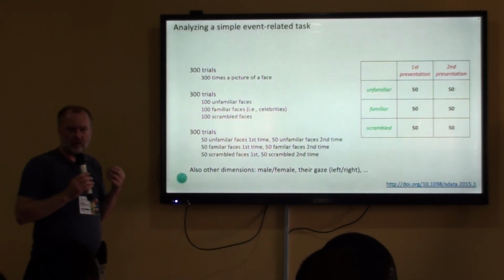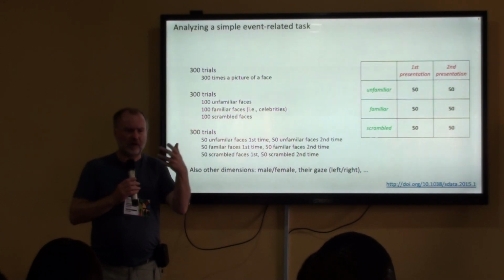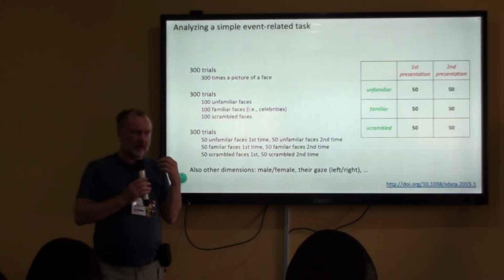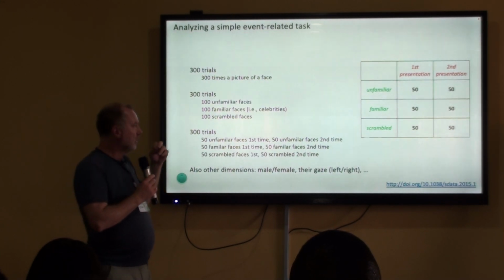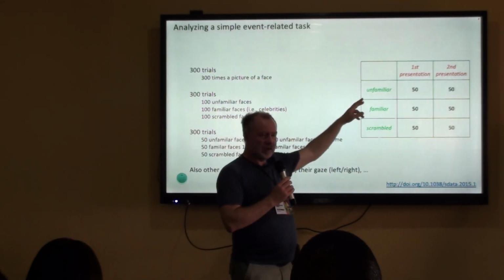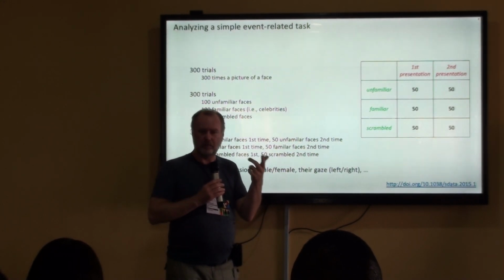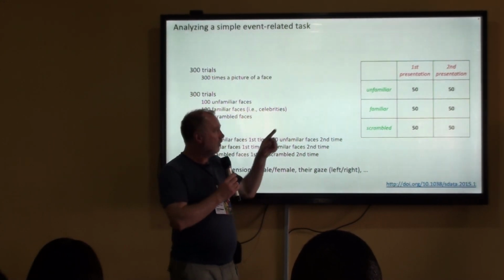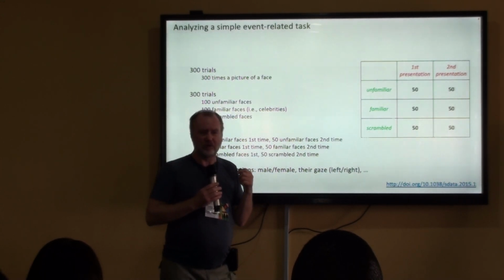This is what's called a factorial design. We have multiple factors, and along these factors we're manipulating stimulus characteristics. Here I'm showing two of the factors that we have. It's the factor of the stimulus that is being presented, which has three categories: unfamiliar, familiar, or scrambled. And it's the factor of the presentation order, first presentation versus second presentation.